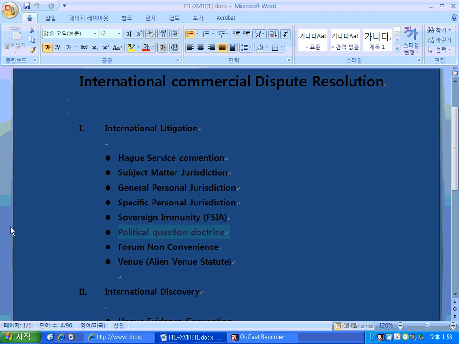Dual service aims to satisfy the service requirements of the country of the foreign court and the country of the defendant in order to enhance the enforceability of any future judgment. So actually this convention compresses a cumbersome process, which we often call dual service of process, which is required to enforce the judgment.